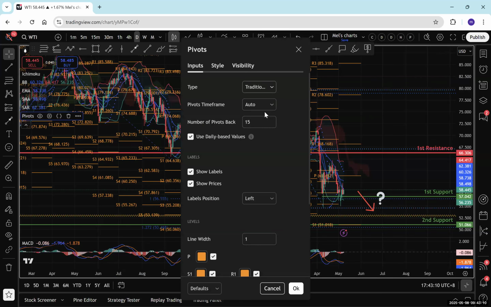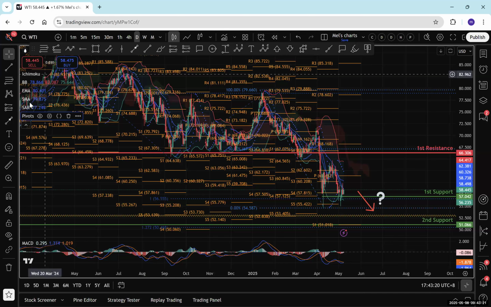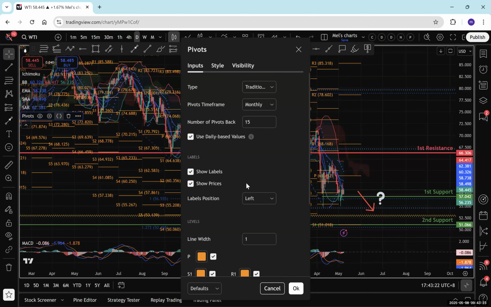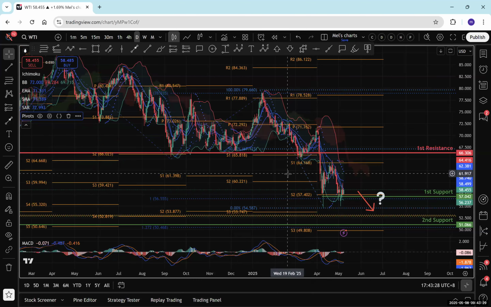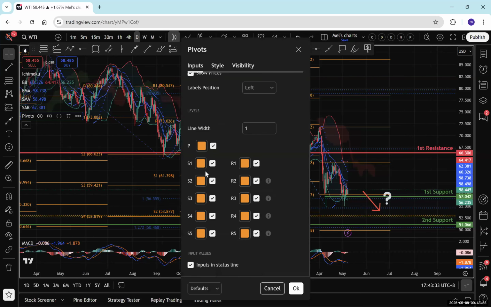Now that we're looking at our daily time frame, the time frame that I'm going to be looking at will be monthly, or even quarterly. And I like to focus on just the S1, S2, R1, R2, and of course our pivot point, so it's not too messy.